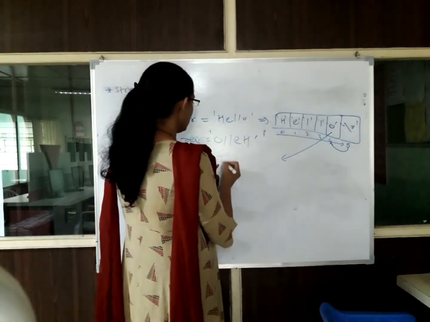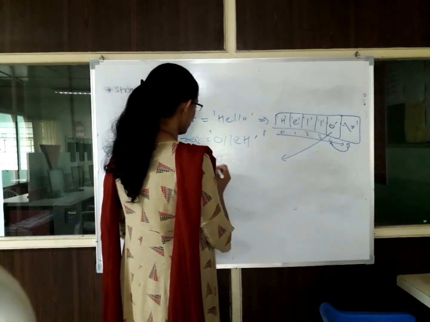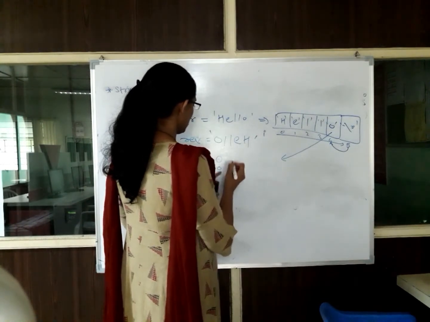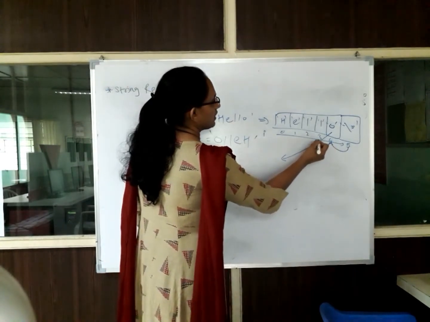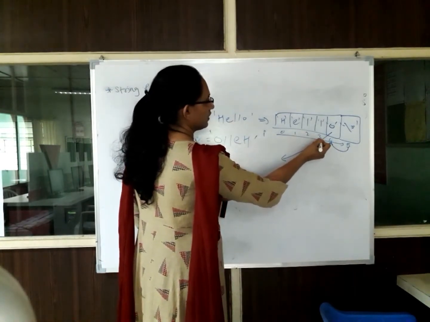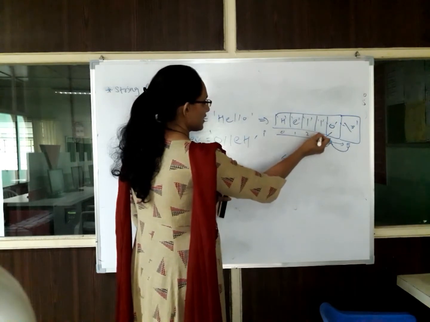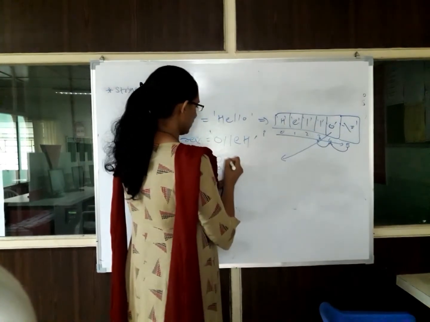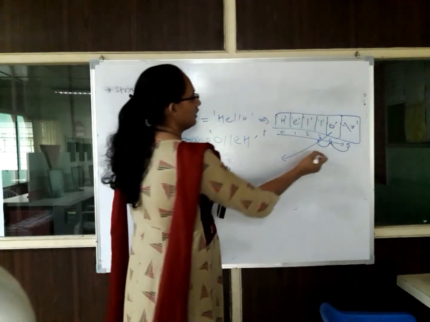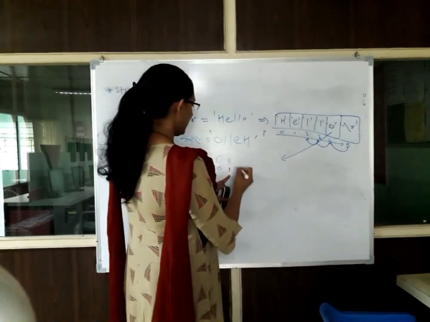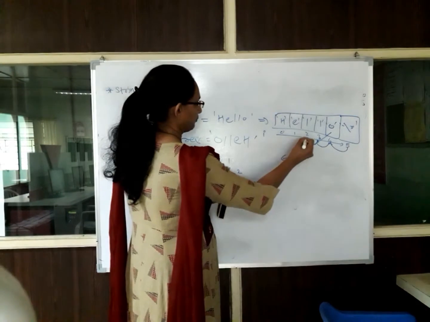Then increment this, suppose this is j. Increment j, so it becomes 1. At location 1, decrement i. Now it is 3. This third character will get stored at reverse of 1. Then decrement i and increment j.